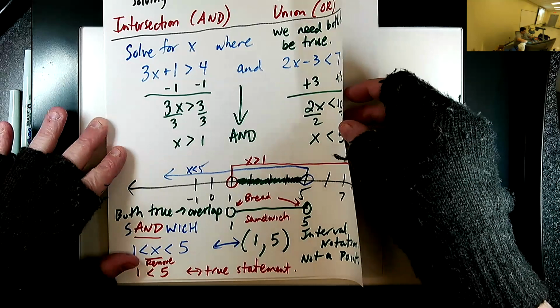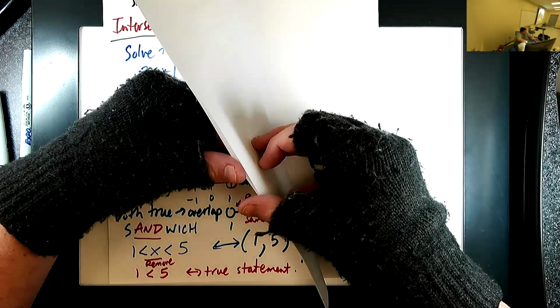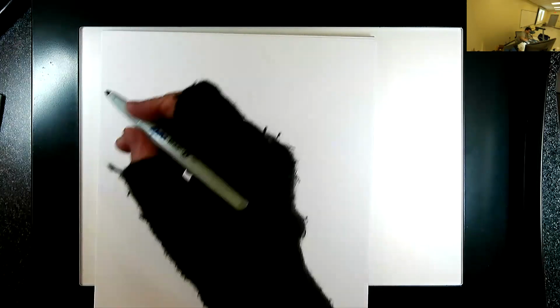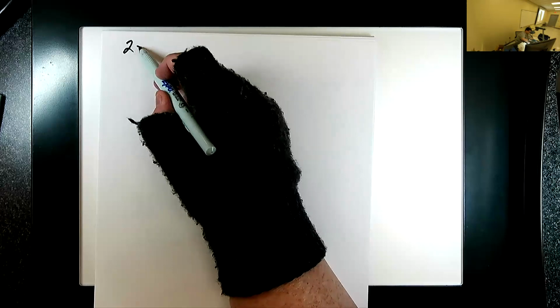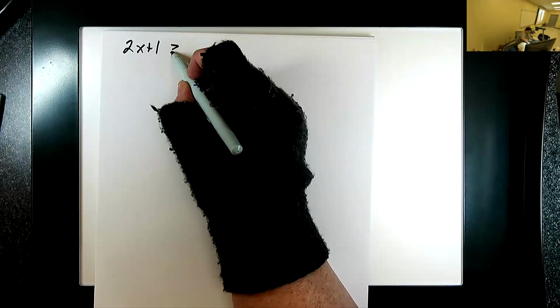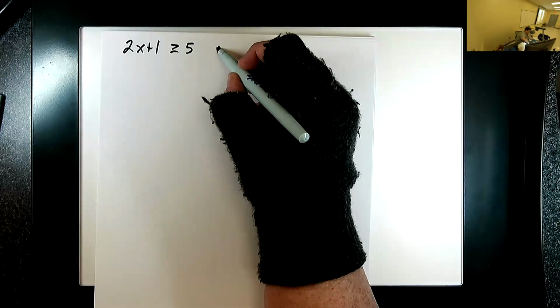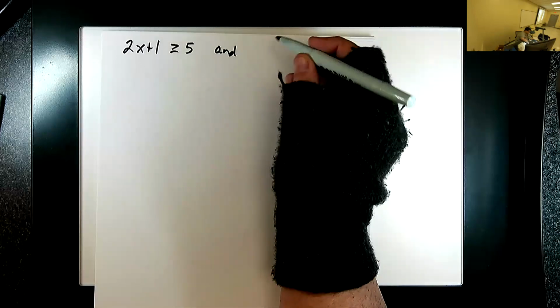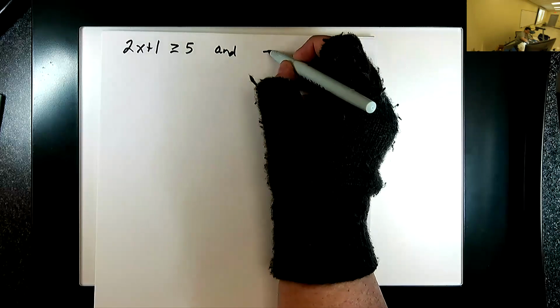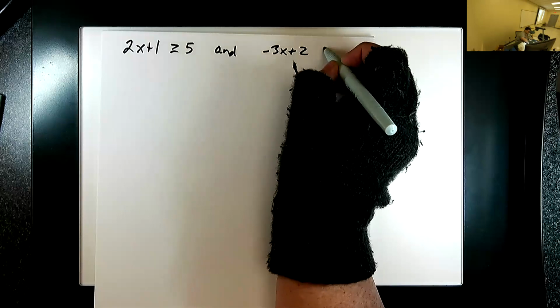Ready for more? Ready to try one on your own? You look ready to try one on your own. Give 2x plus 1 greater than or equal to 5 and negative 3x plus 2 is less than 5 a try.